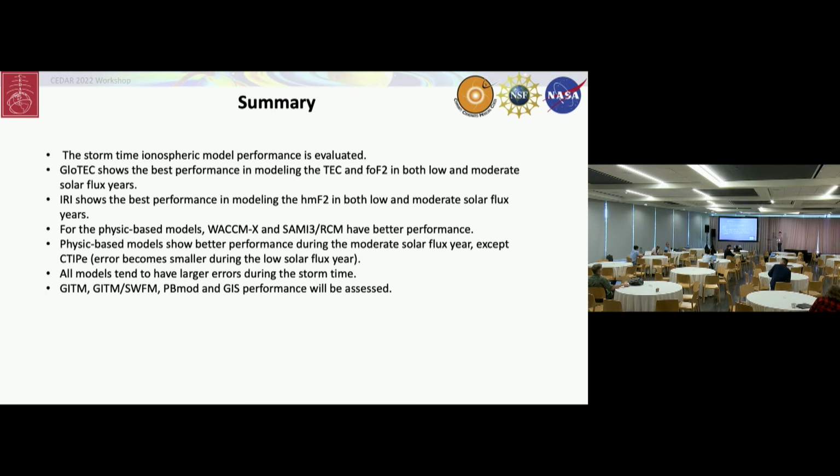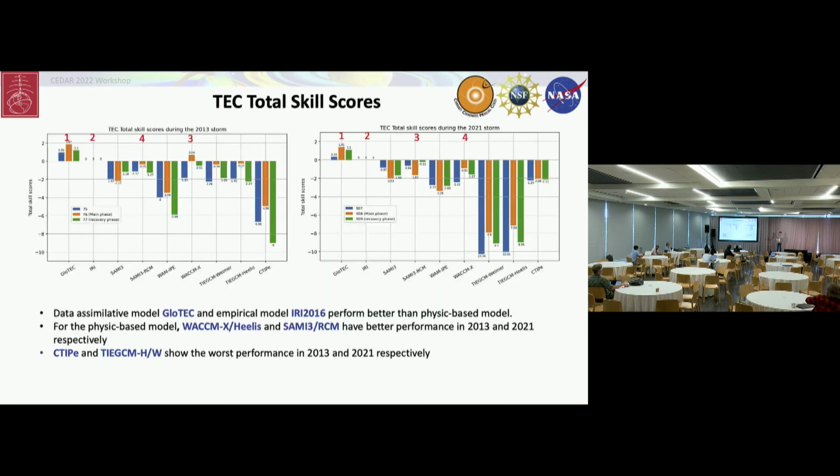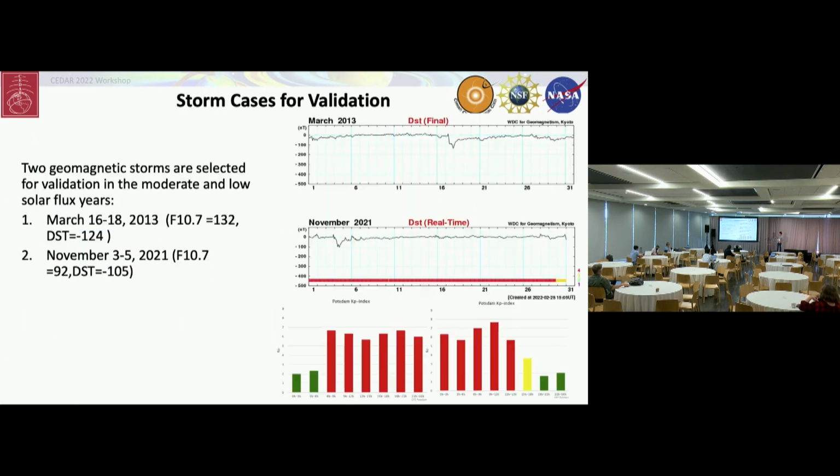I chose two cases. What were the F10.7 values during those times? Okay, you can see that the F10.7 for 2013 is 132, and for the 2021 case is around 92. Thanks.